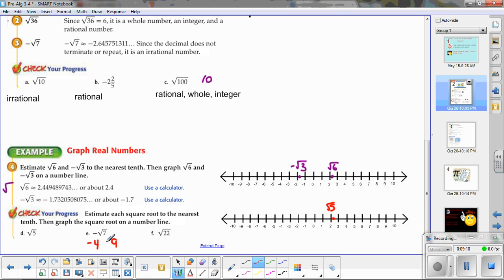And since it's negative, we're going to put a negative there. It's closer to this one. So it's going to be closer to negative 3 than it is to negative 4. So it's going to be about here. And I'm going to label that negative square root of 7.